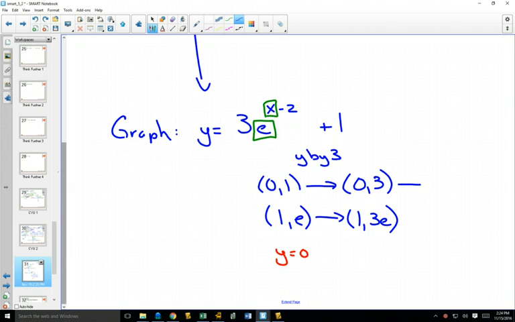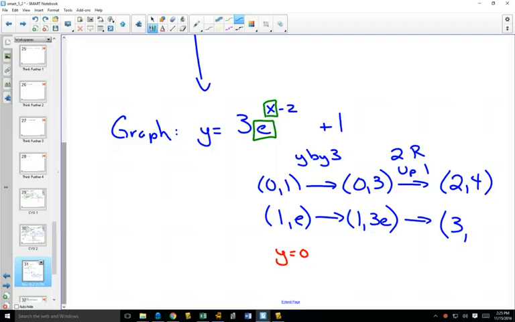And then we do our translations. The minus 2 would be 2 to the right and up 1. So in the end, we're going to get 2, 4 and 3, and how are we going to do that with the 3e?